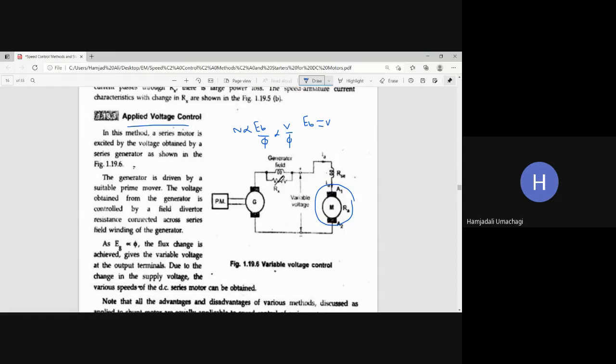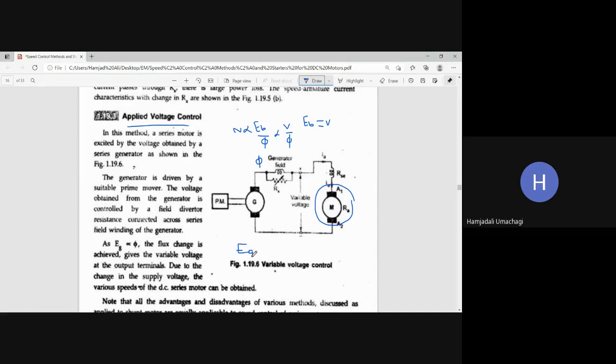So if I change the Rx value here, proportionally the field current will change. Yes or no? If field current changes, then which parameter will change? Flux will change.